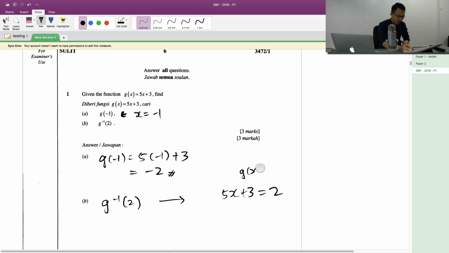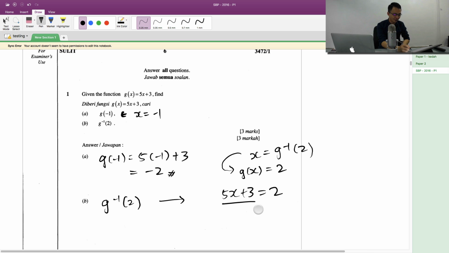You just assume g(x) equals 2, because 5x plus 3 is g(x). If I move my g to the other side, x actually equals g inverse 2, isn't it? If I move g inverse back to the x, I get back g(x) equals 2.